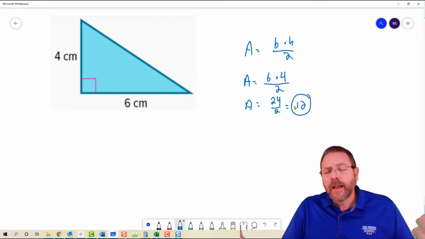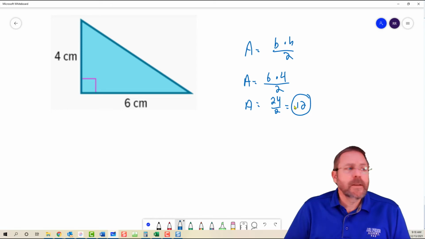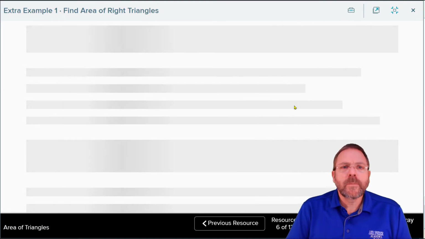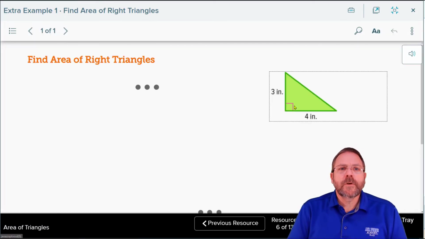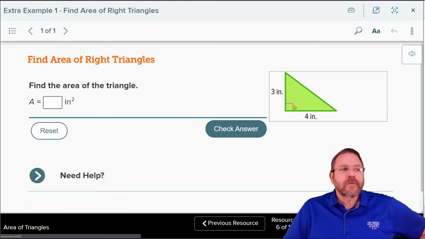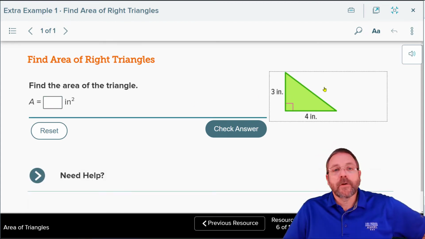In the end, I get the same exact answer they did. I really like my way better, but either way is perfectly legitimate. Now it's going to be your turn to stop the video, work extra example number 1, so that you can find out if you know how to find the area of that right triangle.